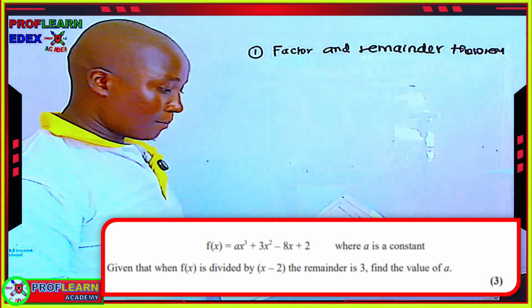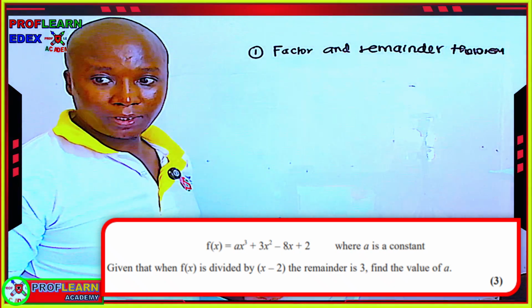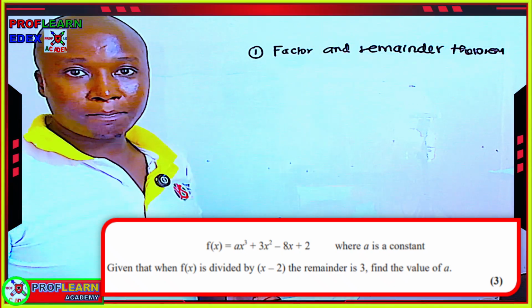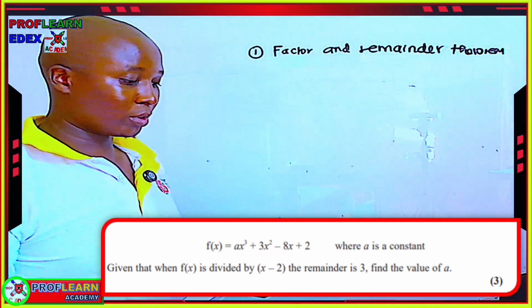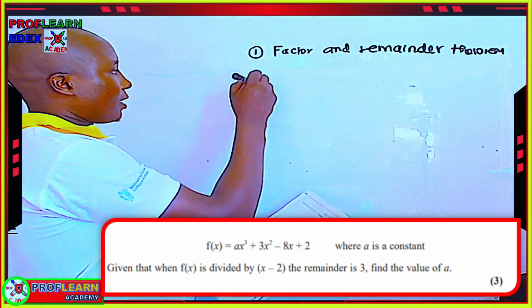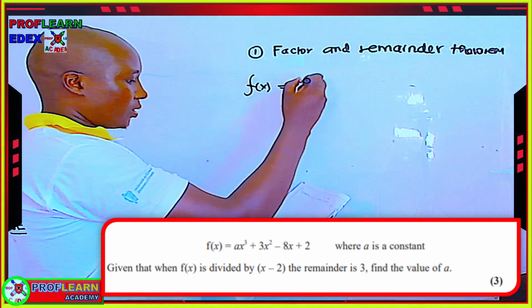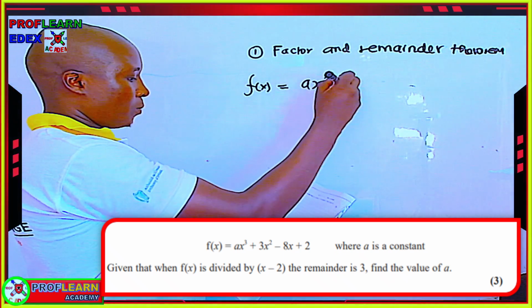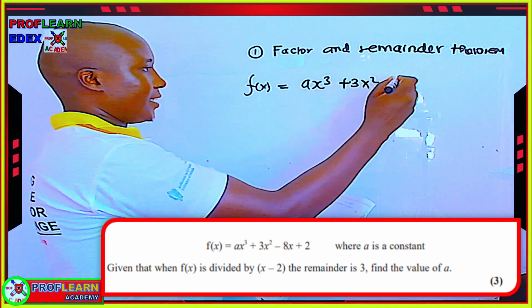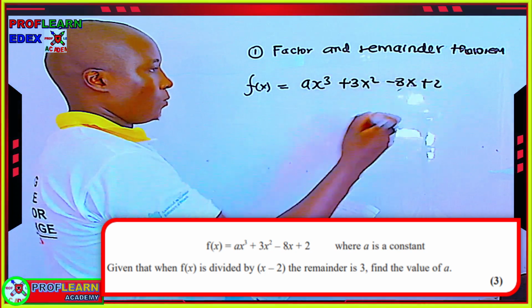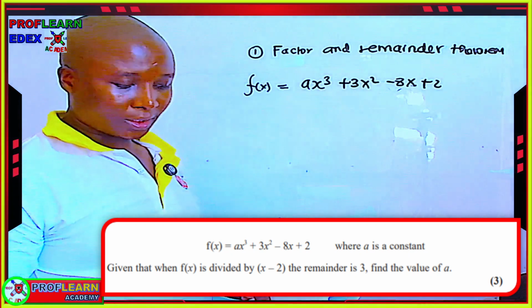Now, factor and remainder theorem, the kind of question that you'll be asked, for instance, in this past exam question that was examined in January 2024, you are told that we have a function f of x, which is given by x cubed plus 3x squared minus 8x plus 2, where a is a constant.